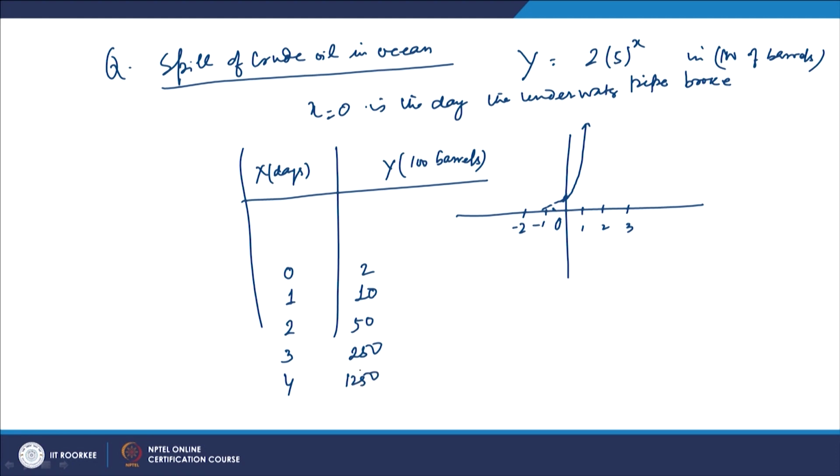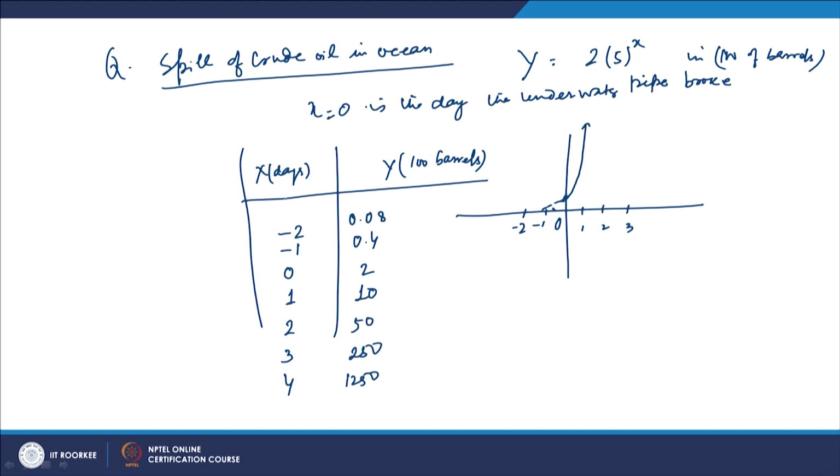If you go to the previous day, minus 1, it will be 2 by 5, so it will be 0.4. If you take minus 2, the day before yesterday, it will be 1 by 25 into 2, so it will be 0.08.